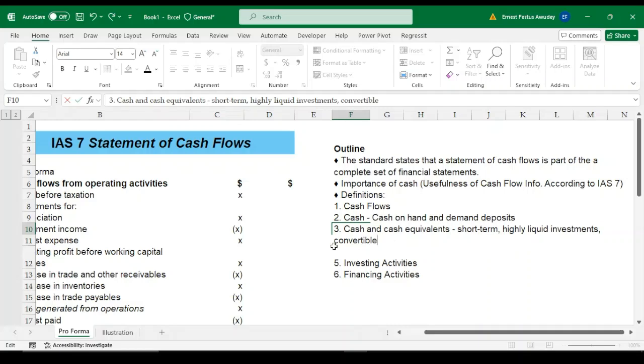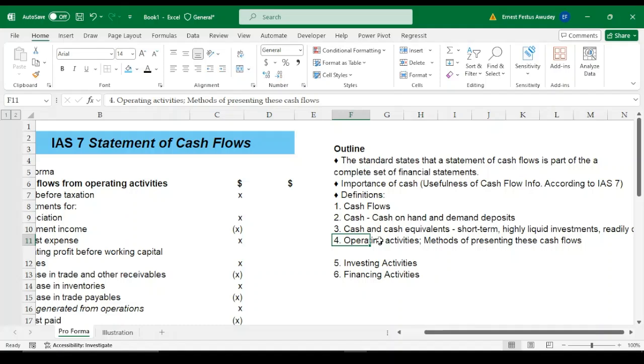The key term here is readily. They are readily convertible to known amounts of cash, and which are subject to an insignificant risk of changes in value.